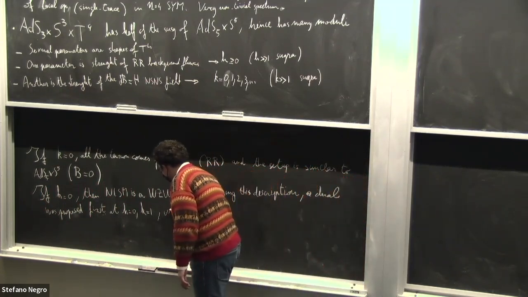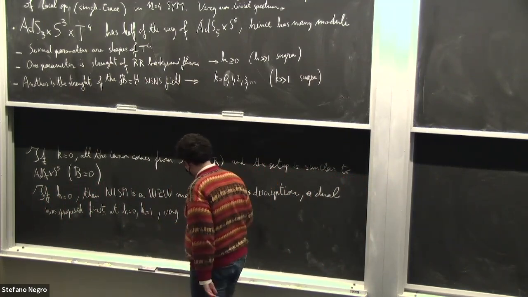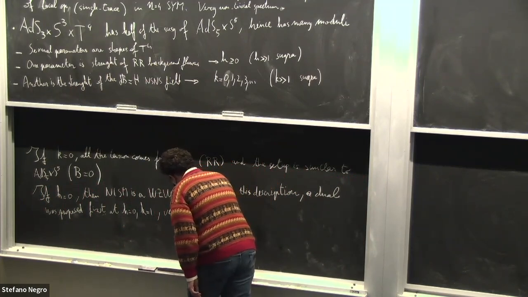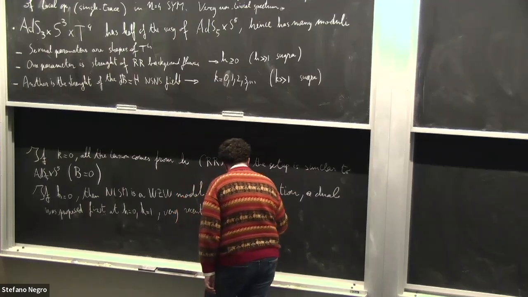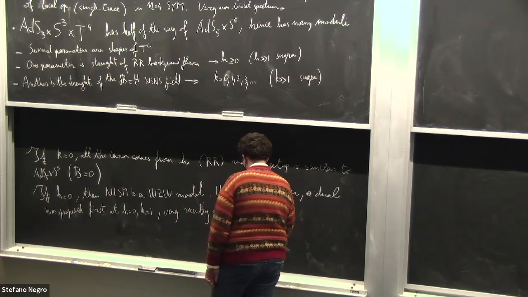And very recently, there's been another proposal. Maybe the jury might still be out on the very recent one by Eberhardt, which is also H equal to 0, but now K equals 2, 3, all of those.